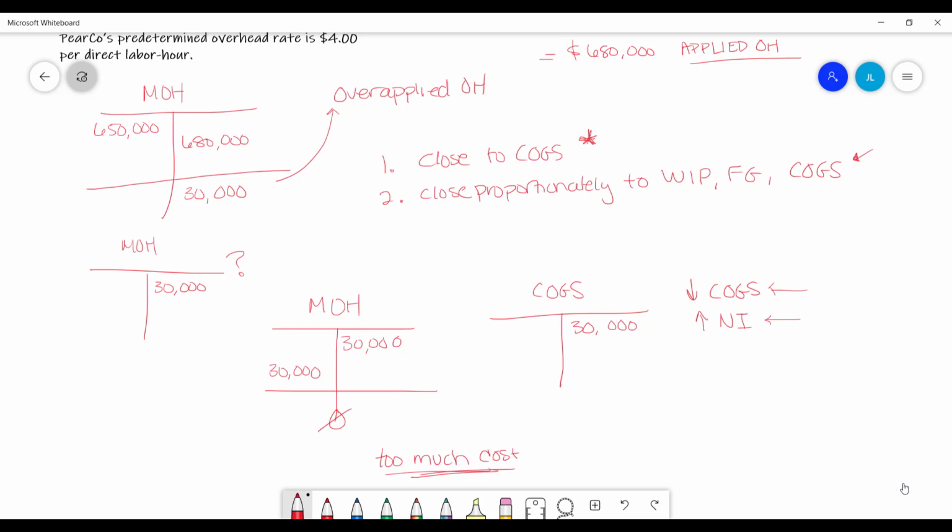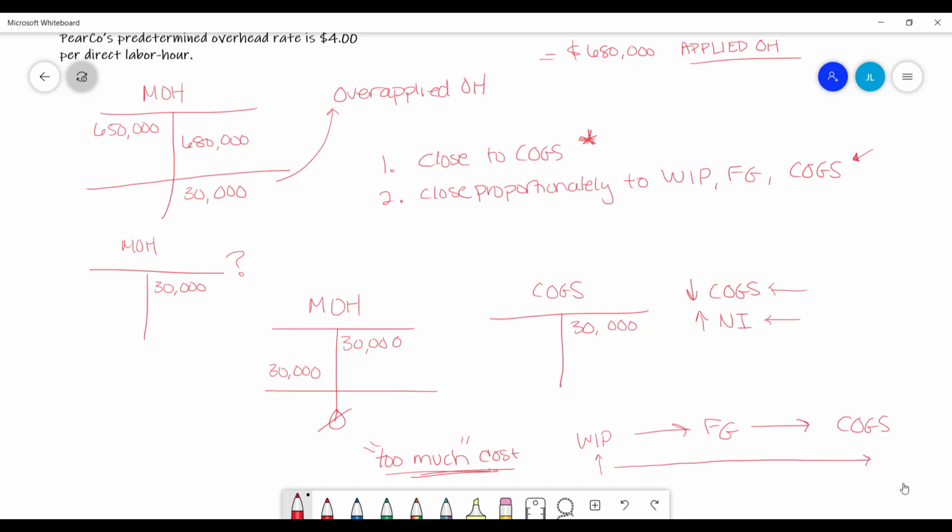And keep in mind, as you apply manufacturing overhead, you add it to work in process, and as you finish those jobs in work in process, it moves to finished goods, and as you sell the finished goods, that moves to cost of goods sold, right? That over-applied cost of manufacturing overhead that gets put into work in process flows all the way through to cost of goods sold until we fix it.